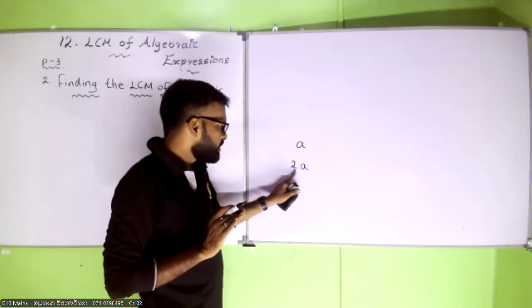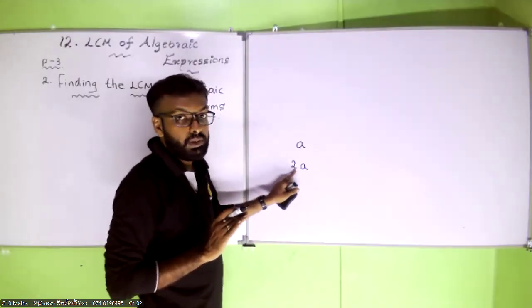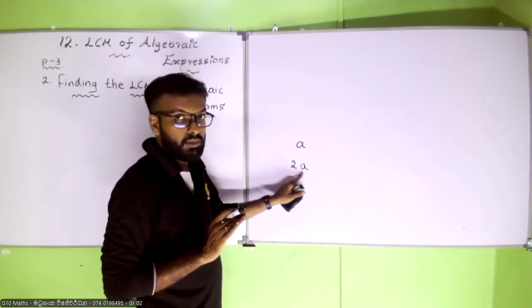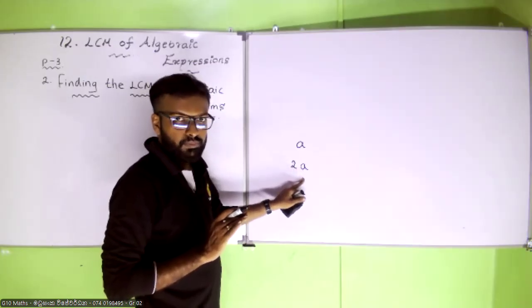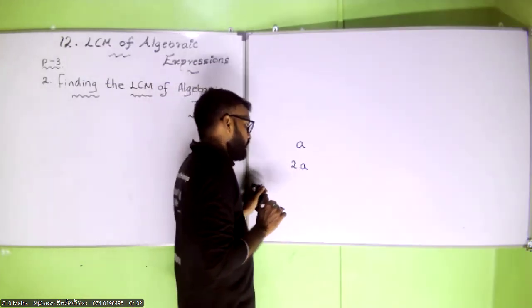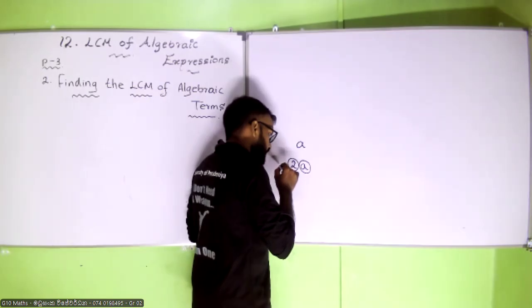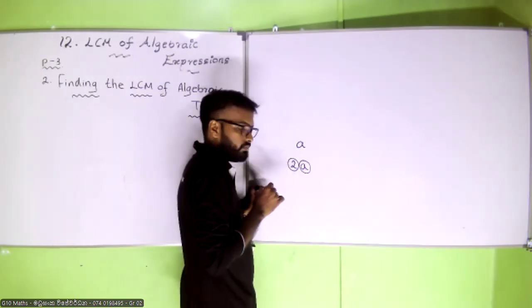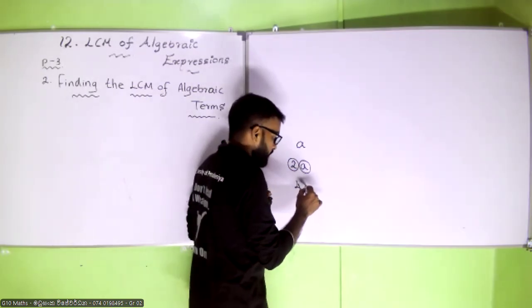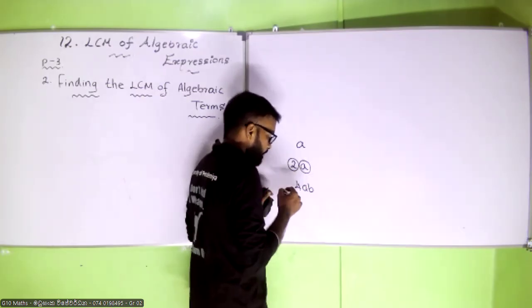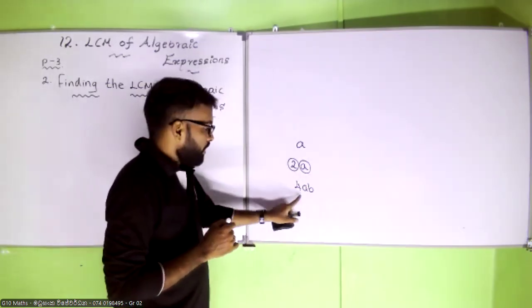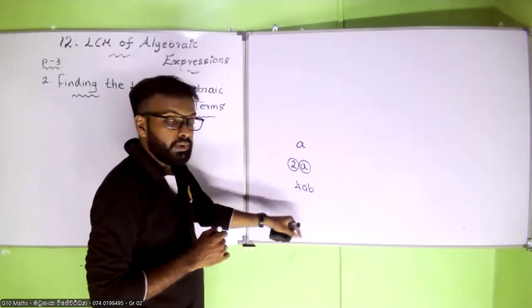There is a numerical value in front of the algebraic term, 2 times a. So we have both numerical values and algebraic terms, as in 4 times AB.